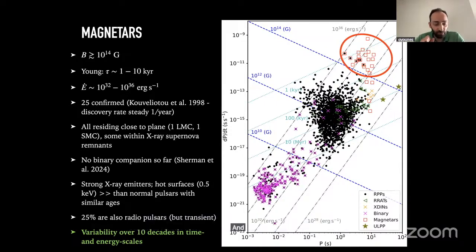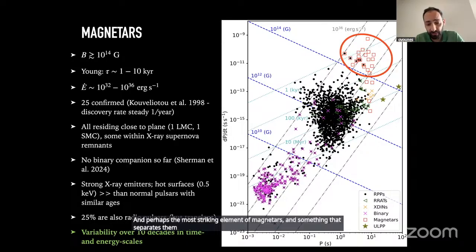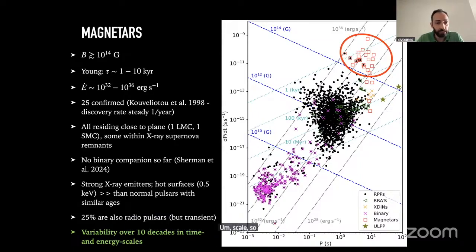And perhaps the most striking element of magnetars, and what was used in the first place to establish the magnetar population, is their variability. They are varying over 10 decades in time scales and energy scales. So they are staggering time domain sources.